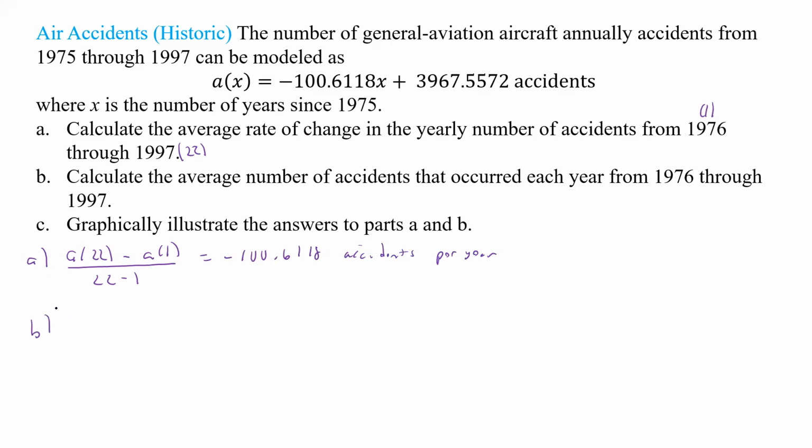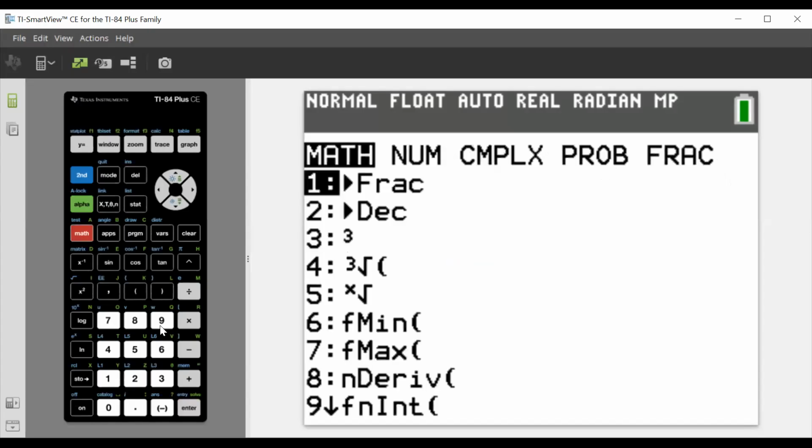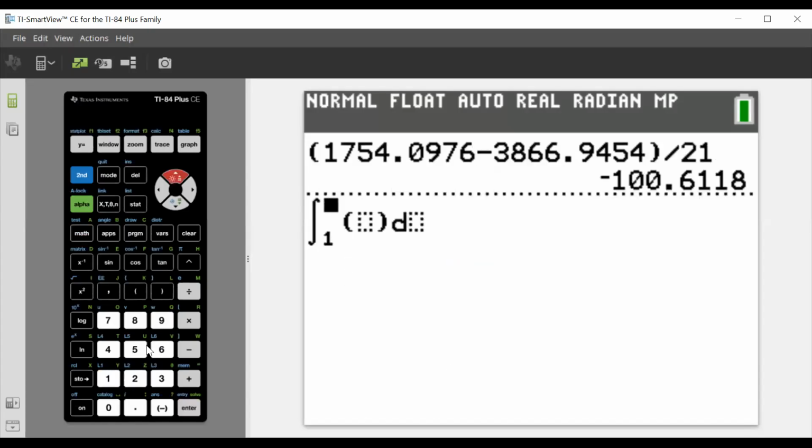Now, B, calculate the average number of accidents. Well, now we're going to take our integral from 1 to 22 of A of x dx and divide that whole thing by 22 minus 1. Okay, so now that one we can plug in easily. We're just going to take math, 9, integral from 1 to 22, and then we'll put in x.